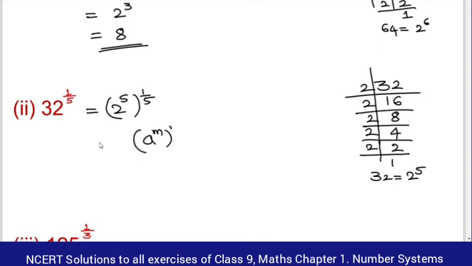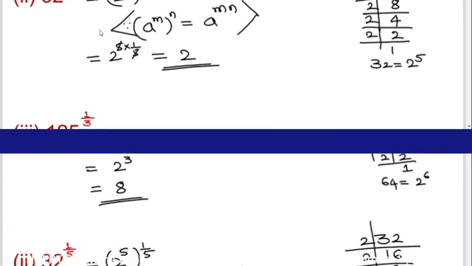So here the formula a raised to m raised to n is equal to a raised to m into n. So this is equal to 2 raised to 5 into 1 by 5. 5 gets cancelled. Then 2 raised to 1 is 2.